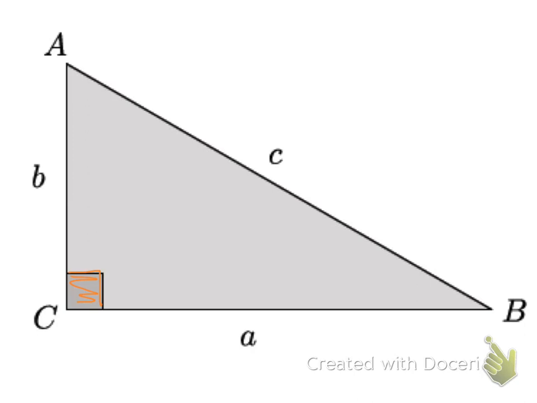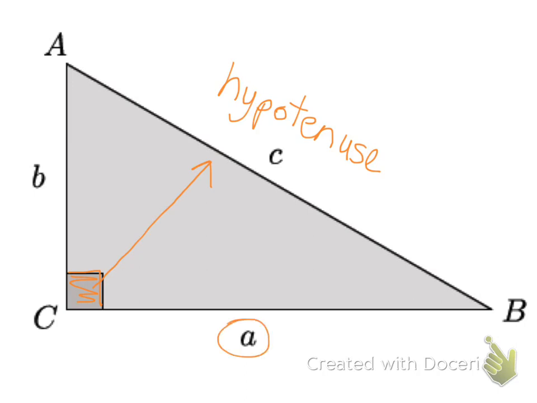The side directly across from the right angle is called the hypotenuse, and the other sides of the triangle, next to or adjacent to the right angle, so this side and this side, are called legs. So there are two legs and one hypotenuse in a right triangle.